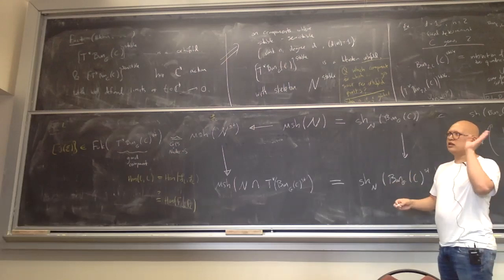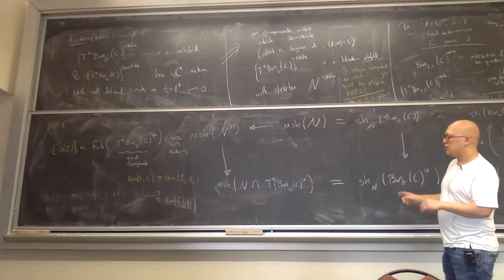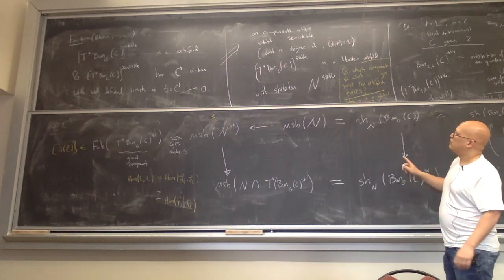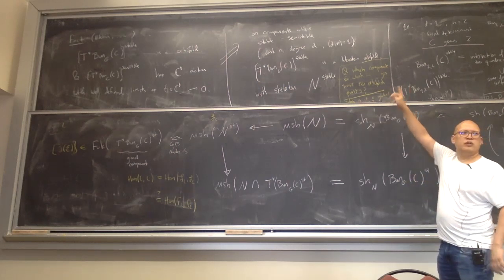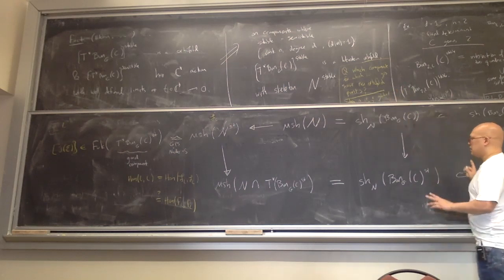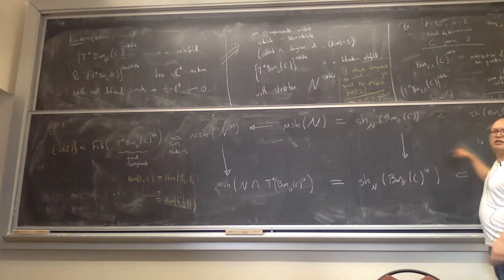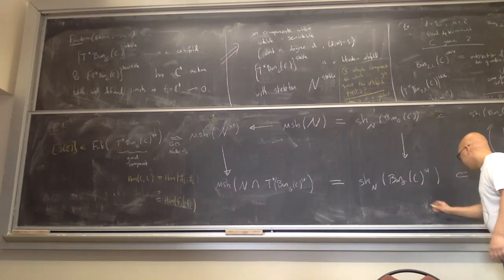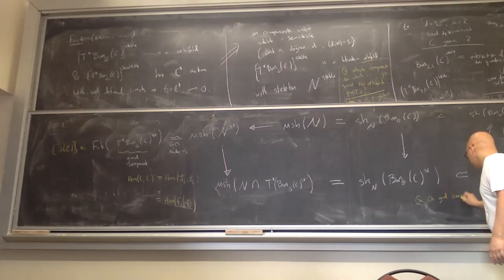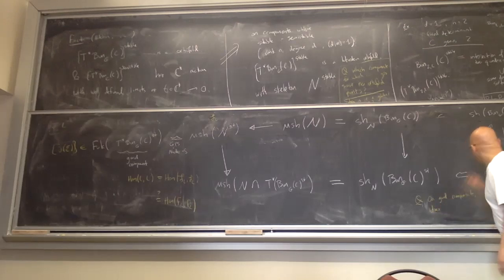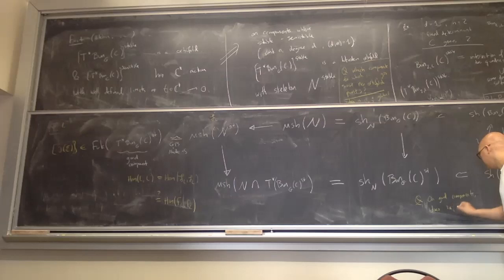Something I realized just when thinking about this talk is that whatever the result in general is, they don't worry about good component or not good component. So it's possible that for good components one can prove this. So it's a question: on good components, does i star i shriek preserve nilpotent microsupport?